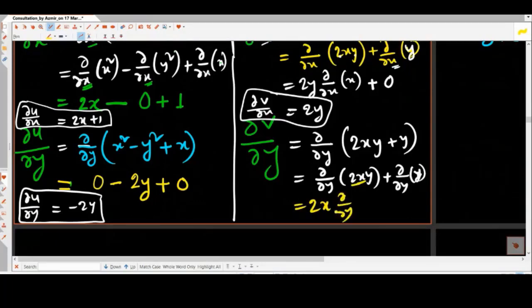So d/dy of y, and here d/dy of y. The derivative of y in terms of y is 1, and here d/dy of y will obviously be 1. So finally, we have found 2x plus 1. That is dv/dy.